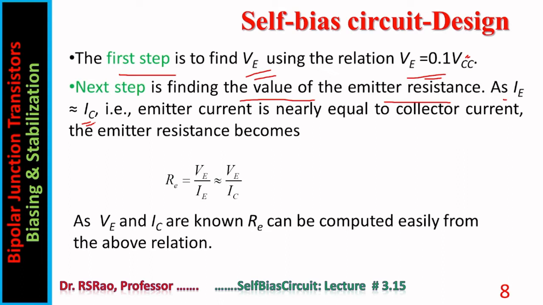So IE is available. VE is available, IE is available, so RE can be determined as it is the VE to IE ratio. Here it is shown RE, the emitter resistor, is VE by IE. It is nearly equal to VE by IC, as IC is nearly equal to IE. As VE and IC are known, RE can be computed easily from this relation.